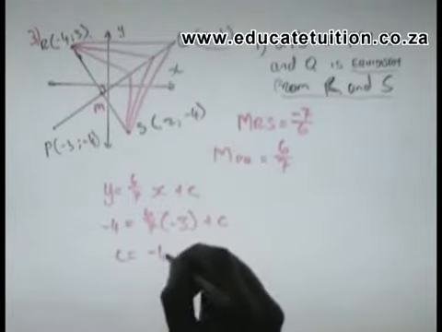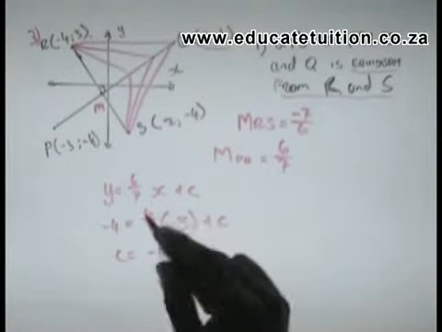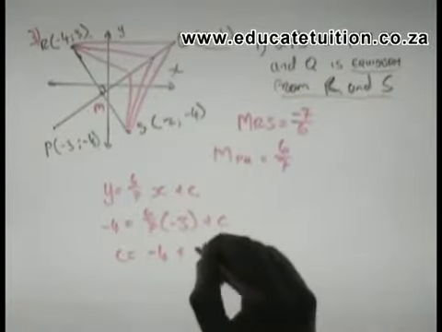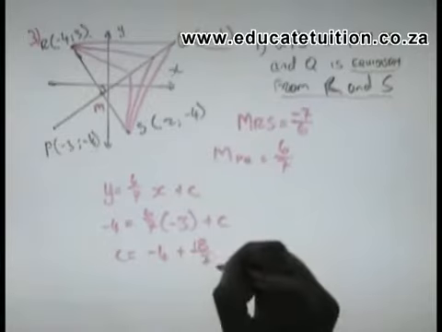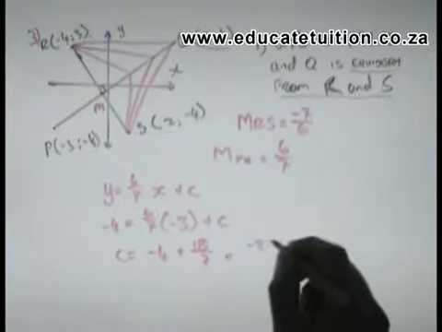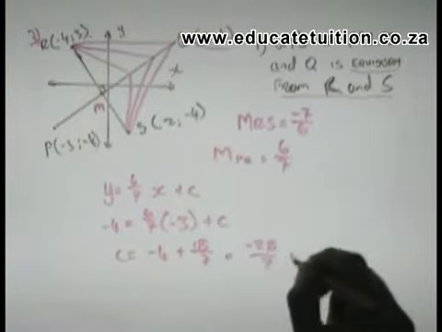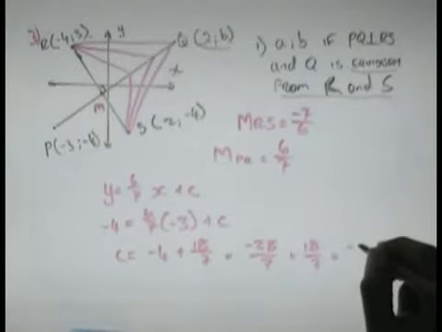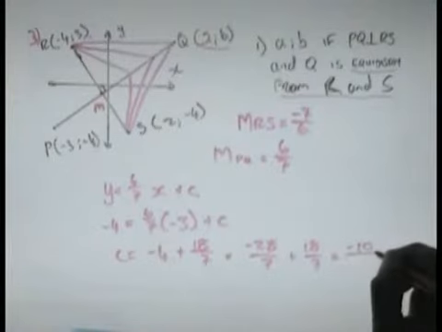c is equal to minus 4 plus, because that becomes negative, taken over becomes positive, 6 times 3 is 18 over 7, which is equal to negative 28 over 7 plus 18 over 7, which is equal to negative 10 over 7.